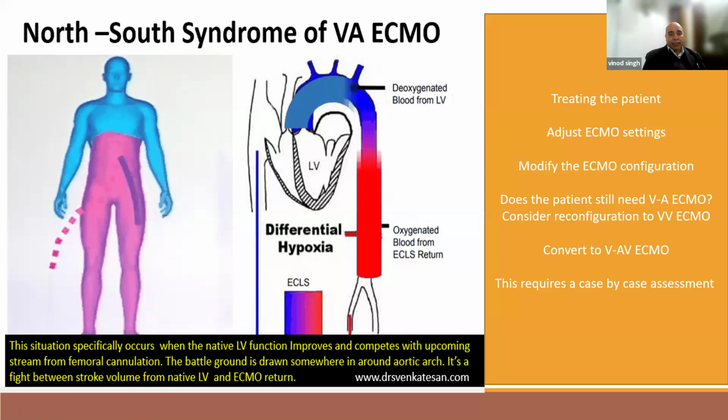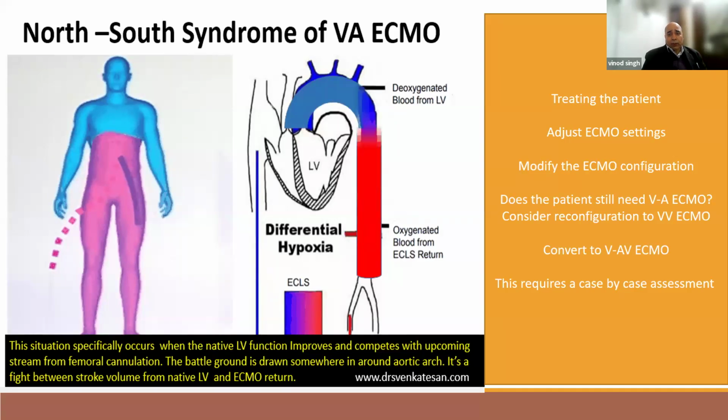You can modify the ECMO configuration also. You can go for a VV ECMO. You can stop all the inotropic support, or you can convert into the VV ECMO, because there is no need for the VA ECMO if your heart function is good. So you can convert to VV ECMO to manage the ARDS patient.